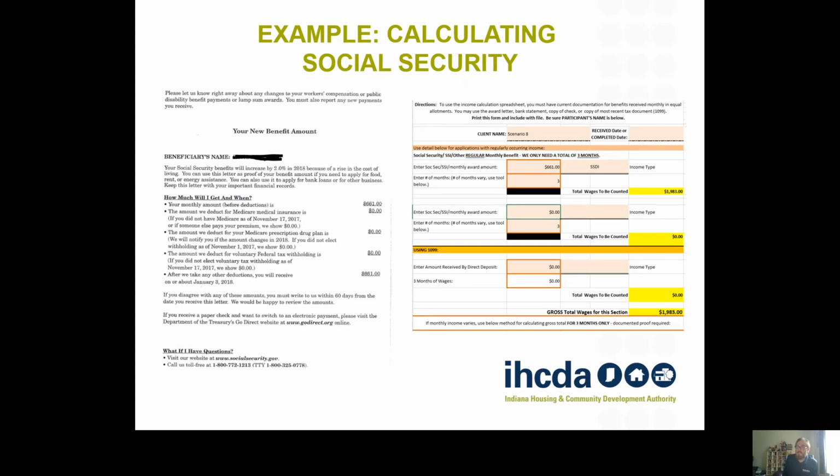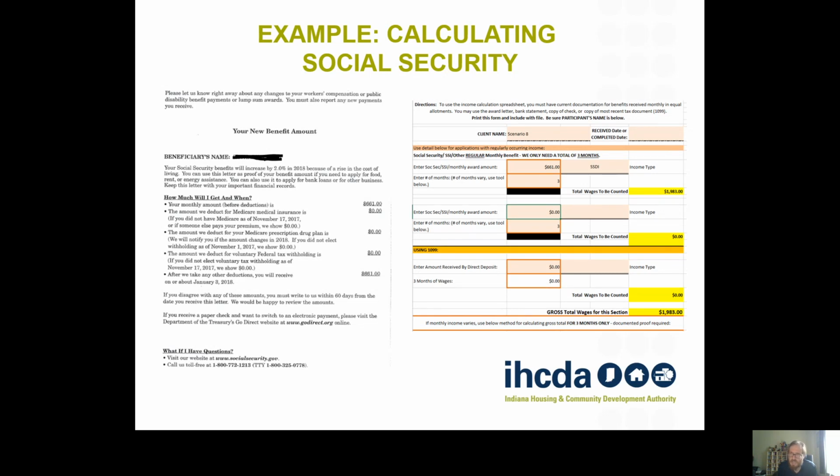When you're calculating Social Security, the best way to get that is from an award letter. An award letter can be downloaded from a person's My Social Security, I think it's myssa.gov account.